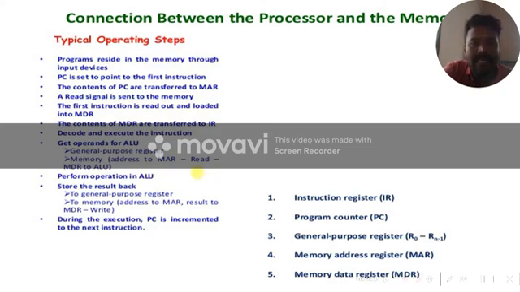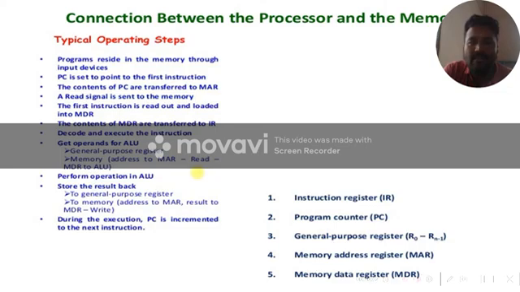Next, the content of the memory data register is transferred to the instruction register, because the next instruction is going to be processed. The next instruction is handled by the program counter, whereas the current instruction is carried out by the instruction register. Afterwards, this looping will be carried out throughout the whole set of instructions being executed.